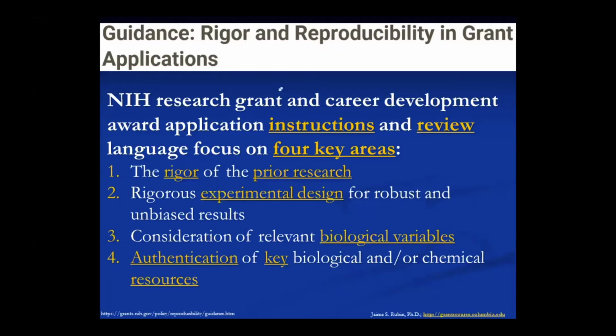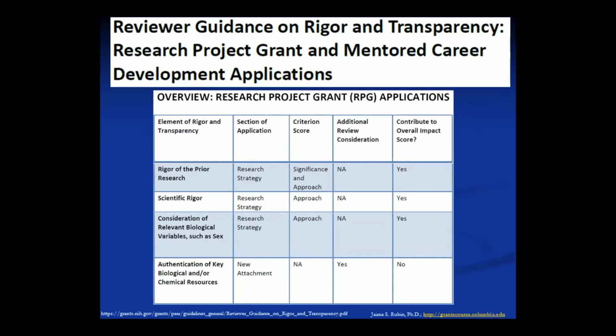There are four main areas that you should address and be thinking about when you're writing a grant application: the rigor of the prior research; the rigor of what you're proposing for your experimental design, to demonstrate that it will result in unbiased results; consideration of relevant biological variables like sex as a biological variable; and authentication of key biological or chemical resources. I'm going to talk about what I mean in each of these areas, because I think there's increasing emphasis on all of this. So where would you address each of these four items?